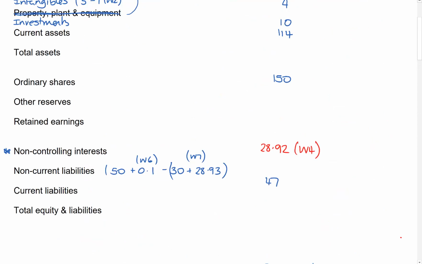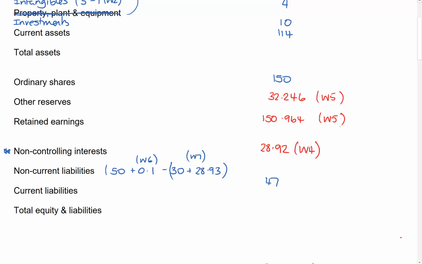Other reserves, 32.246 from working number 5. The retained earnings, 150.964 from working number 5.